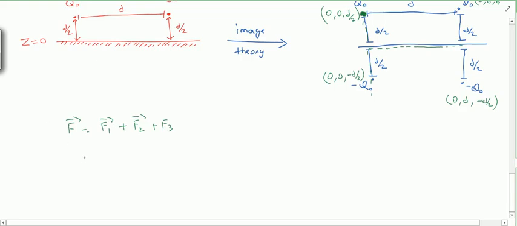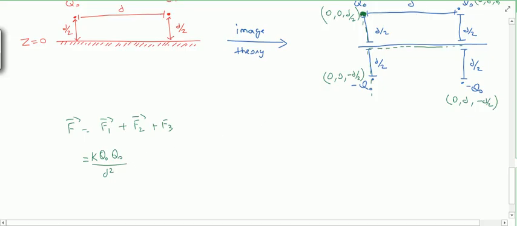So F1 will be what? F1 is due to the first charge here. As the charges are of the same polarity, I can write Q naught, Q naught, and in place of 4 pi epsilon naught I will write K, and the distance between them is d square, right? So what will be the direction?